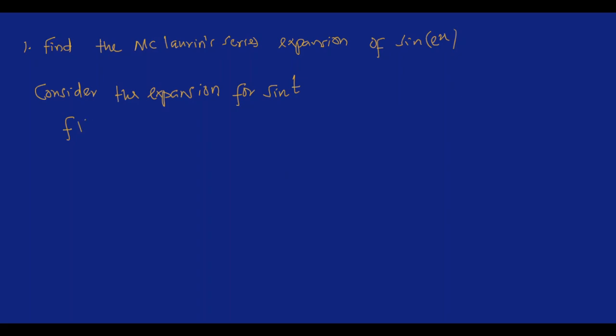So if we have a function f of t be equal to sine t, then it means f of 0 will be equal to 0, then f prime of t will be equal to cos t, and that means f prime of 0 will be equal to cos 0, which is equal to 1.